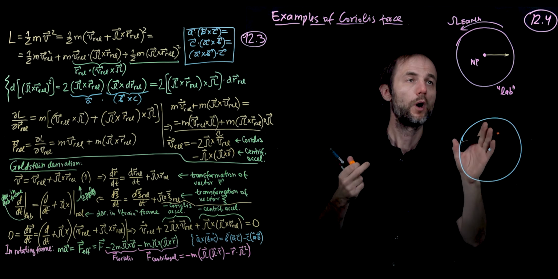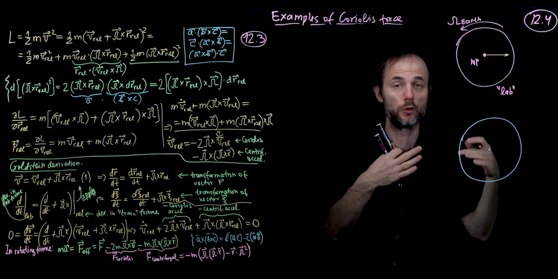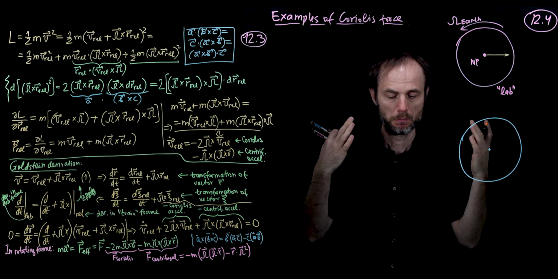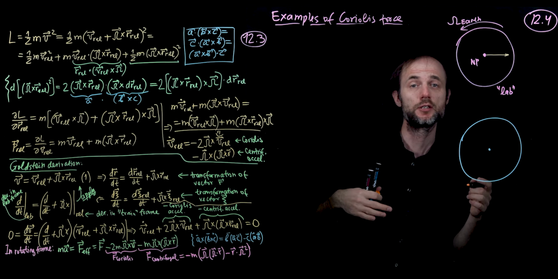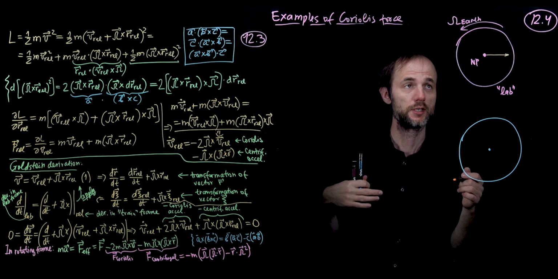Well, one way of thinking about this is that in the Earth's frame there's going to be a Coriolis force. And this Coriolis force is acting in the direction of omega cross v with a minus sign.